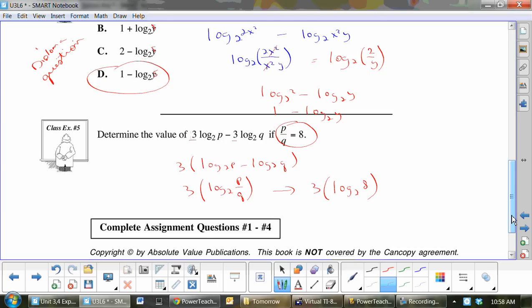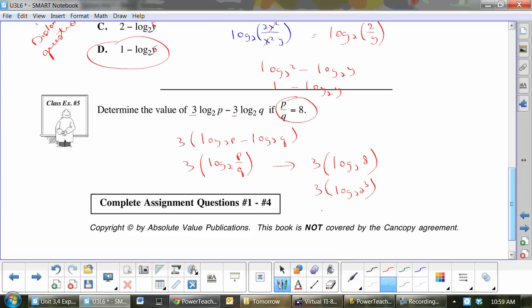What would be the answer to that? It would be 3, would it not? Because this is the same thing as 3 log 2 of 2 to the 3. And remember, if it's a to the b, the answer is b. So this is 3 times 3, which equals 9.